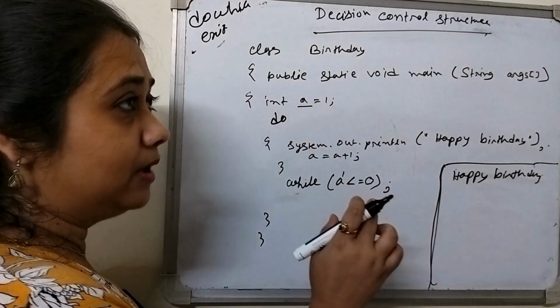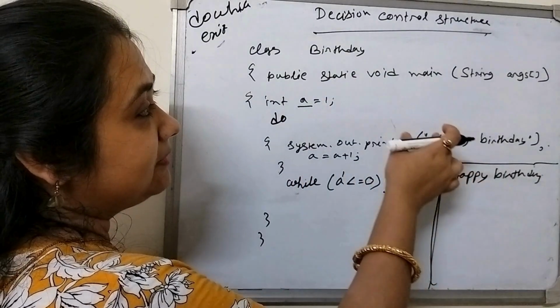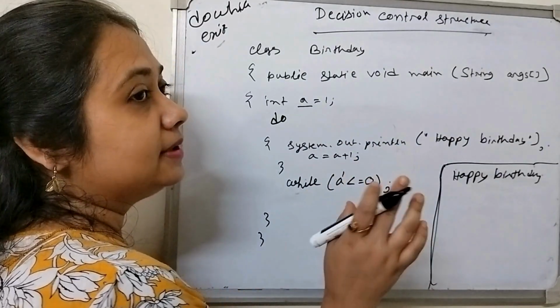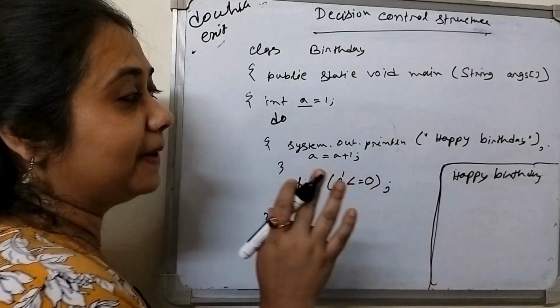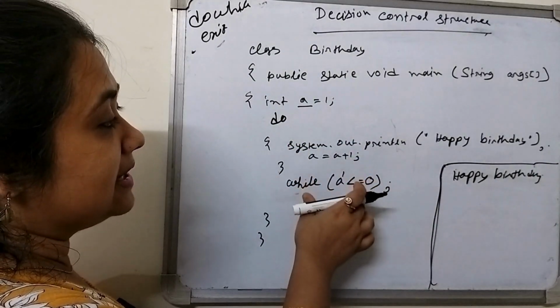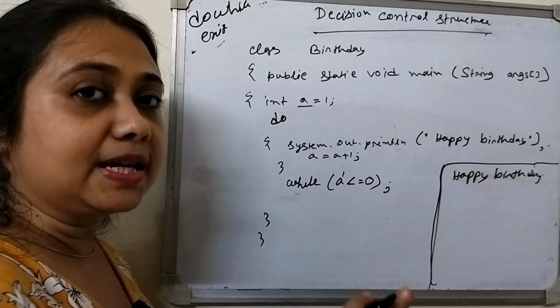But in the case of the while loop, as the condition is checked the first time, we have seen before that if the condition is wrong, the program will not be executed. But in the do while loop, though the condition is wrong, since it is written at the exit of the program, at least one time the program will be executed.